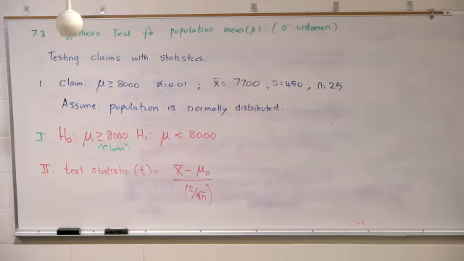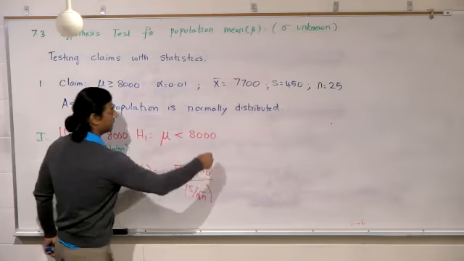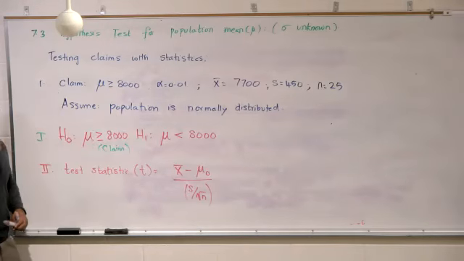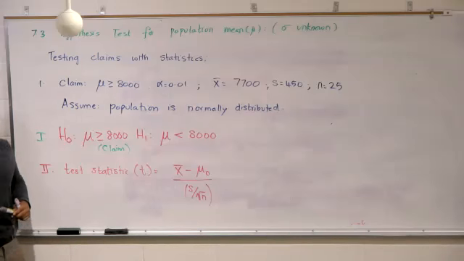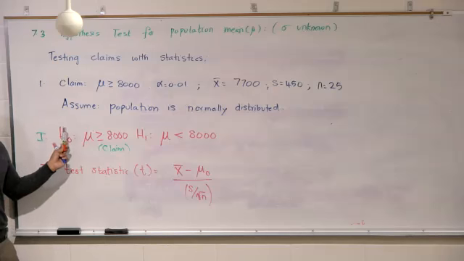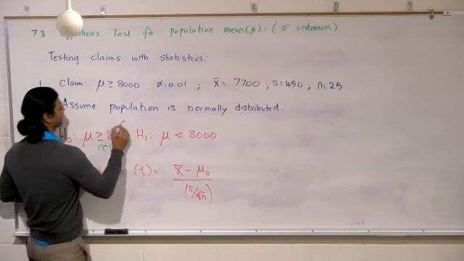That is the formula. You might wonder what mu sub 0 or mu naught is. It is the mean that is in the claim, so our reference value. What is that reference value in our problem? It is 8,000.